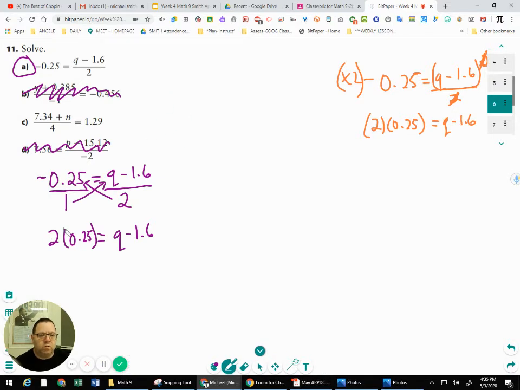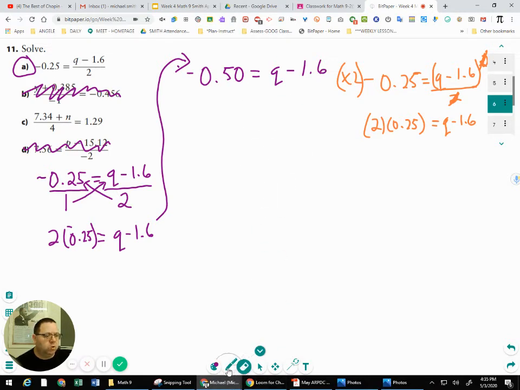So 2 times, forgive me, I forgot that negative sign. So you've got 2 times negative 0.25, which is negative 0.5, is equal to Q minus 1.6. Before I do the equals, I want to show you what I'm going to do to both sides. Let's add 1.6 to both sides.